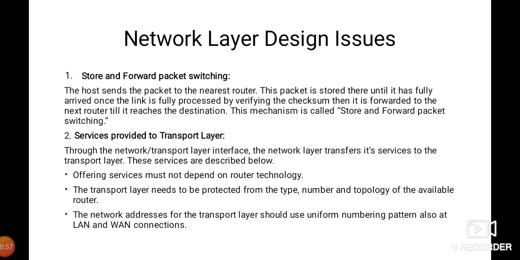Two types of switching methods are there: packet switching and circuit switching. We are not discussing switching here. In packet switching, every packet has a different route, so the router has to keep the packet so that it can be transferred via the shortest path.